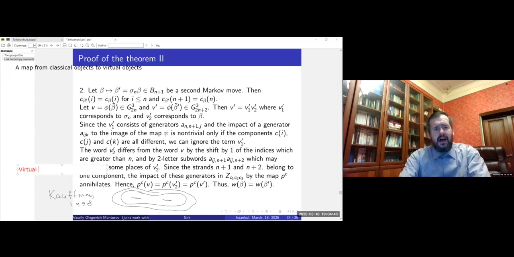Virtual knots have invariants never seen in classical knot theory. For example, these invariants easily allow one to detect knot invertibility.